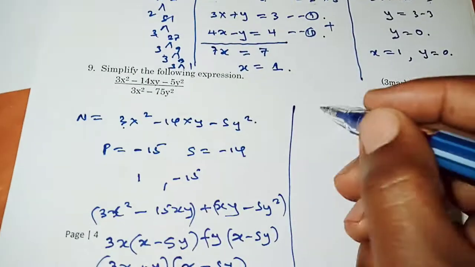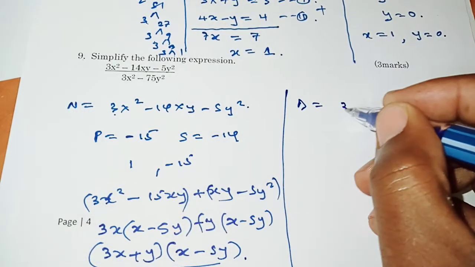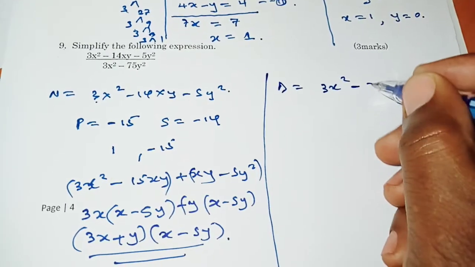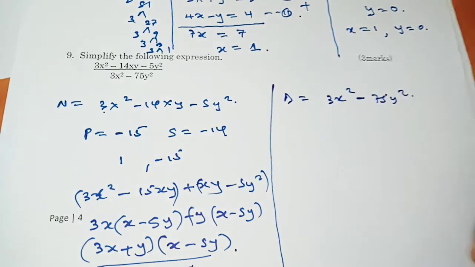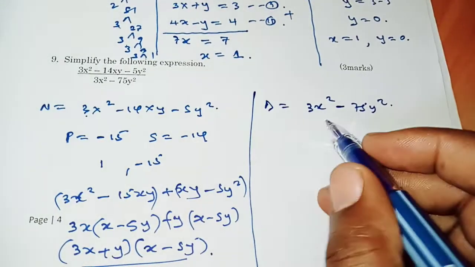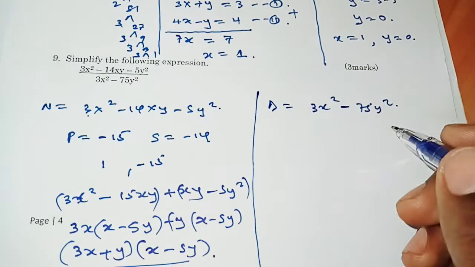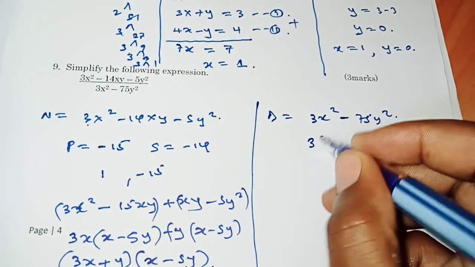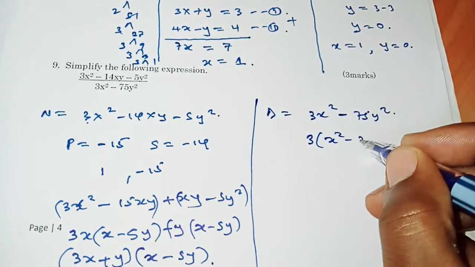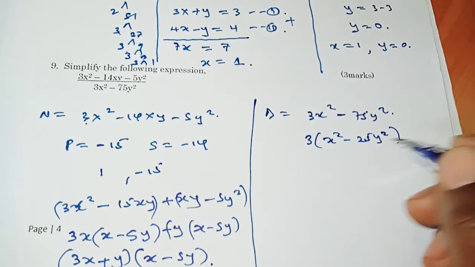So we have the denominator, which has 3x squared minus 75y squared. Just want you to remember that you can factor 3 out and you are left with the difference of squares. See, 3 into x squared minus 25y squared.